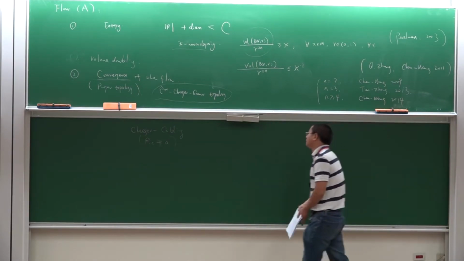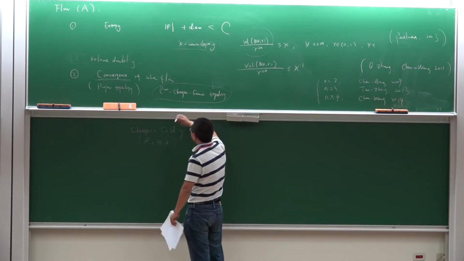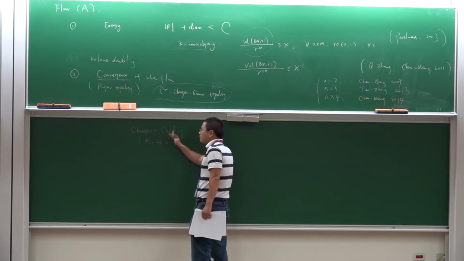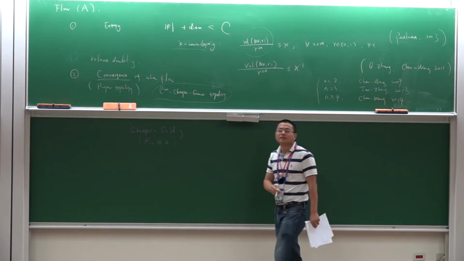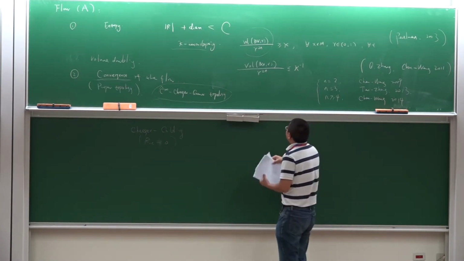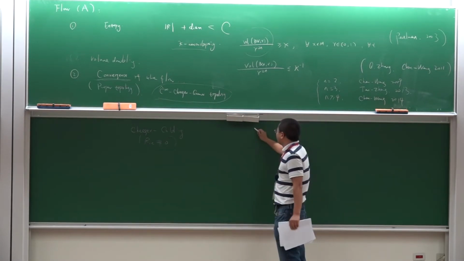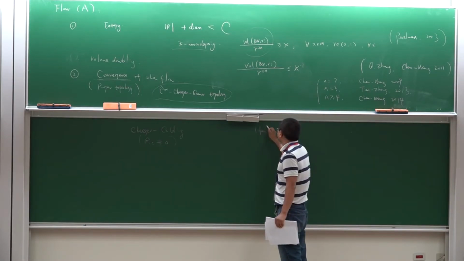So in that case, you know that the limit space will have a regular-singular decomposition, and the regular part is a smooth manifold. And then you consider Hamilton's Ricci flow.